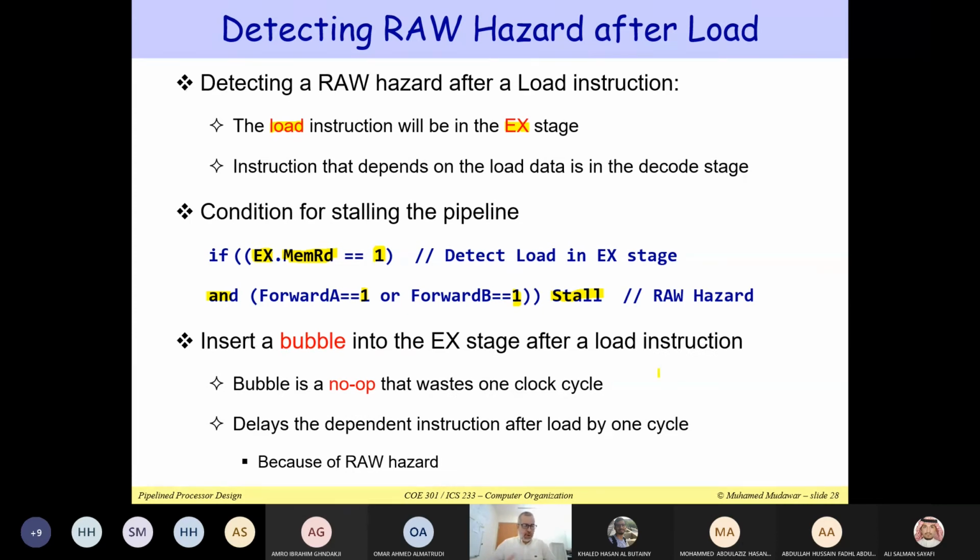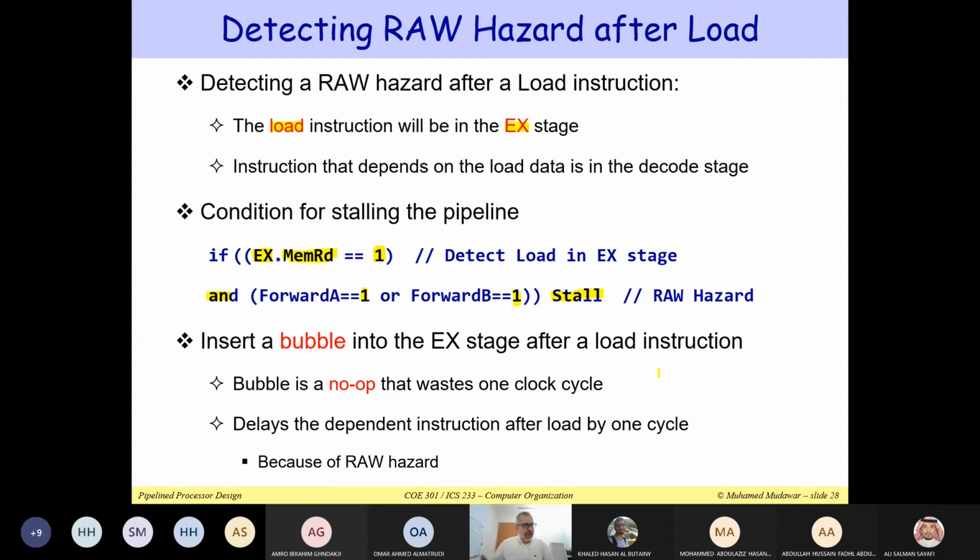Now, in order to implement stalling, I'm going to show you this in the data path. I'm going to show you the drawing in a minute. This is the instruction that depends on the load, which exists in the second stage. The load is allowed to proceed in the pipeline.